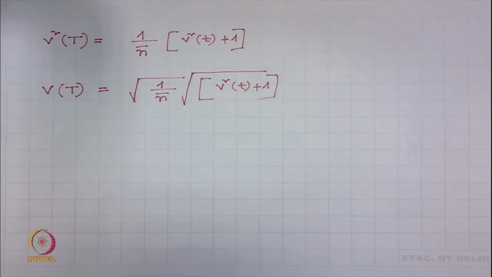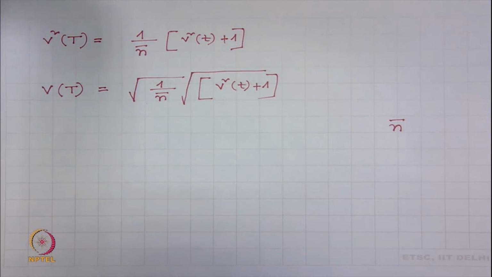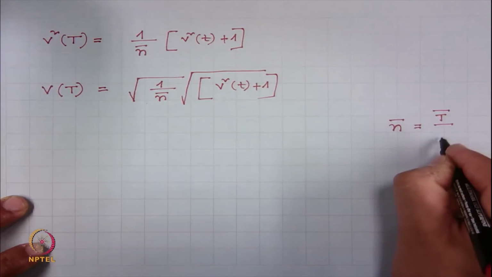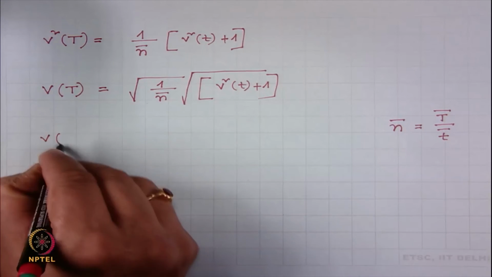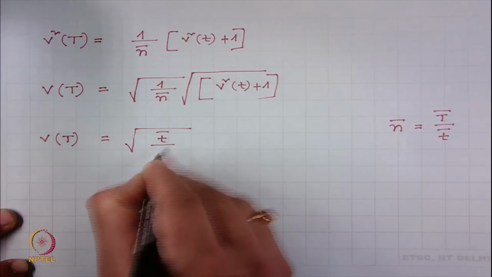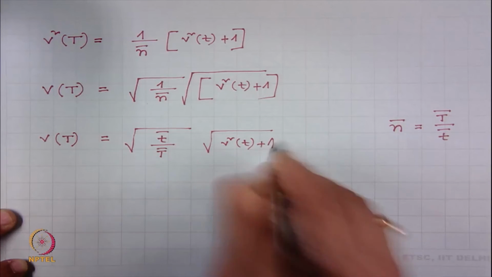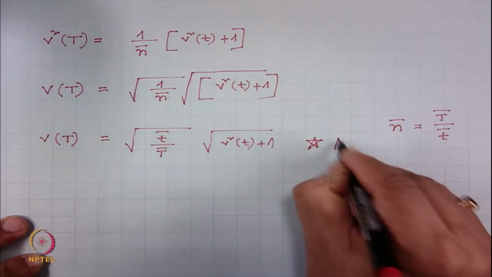And what is n bar? All fibers are parallel, they are straight. So, n bar is capital T bar by small t bar, mean sliver fineness divided by mean fiber fineness. If we substitute here, we obtain small t bar by capital T bar into V square t plus 1. So, this is the most important equation till now.